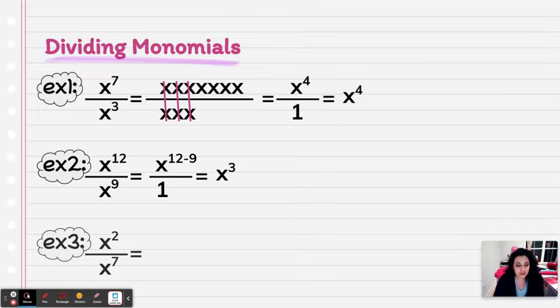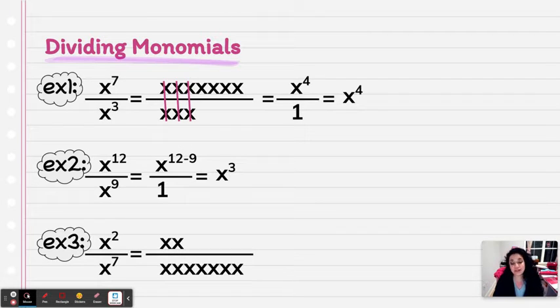Okay, so example 3, x to the 2nd power over x to the 7th power. Notice now my biggest exponent is on the denominator. So I have 2 x's on the numerator and 7 x's on the denominator. We start canceling just like we did previously.